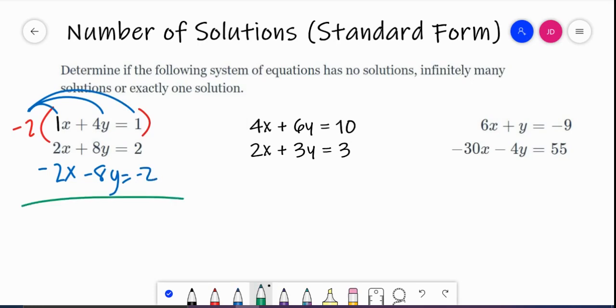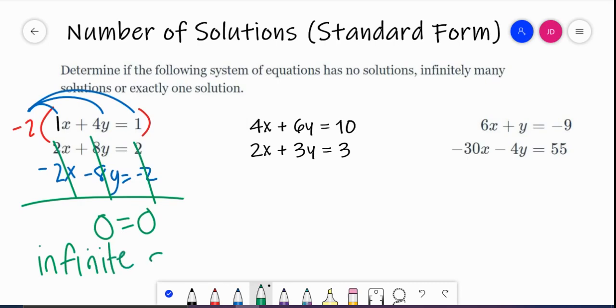Now, if I add these together, look at what happens. All these cancel out. So at the end, you get 0 equals 0, which is always going to be true. So this has infinite solutions.